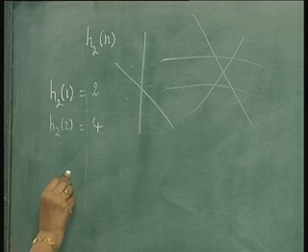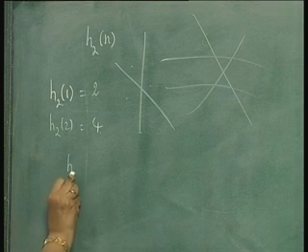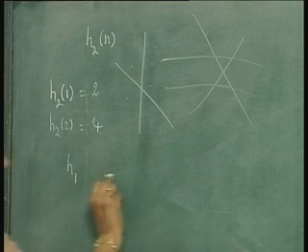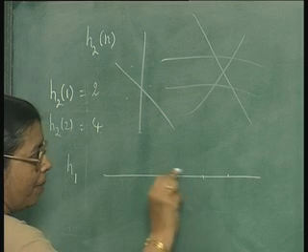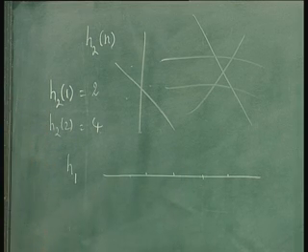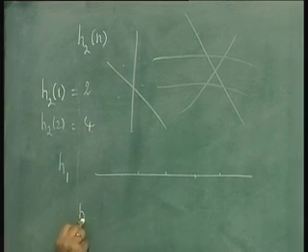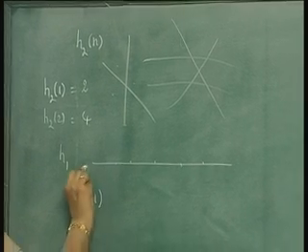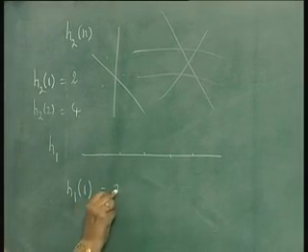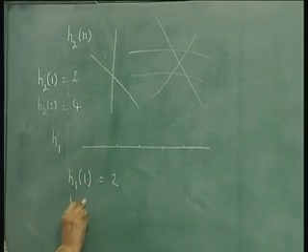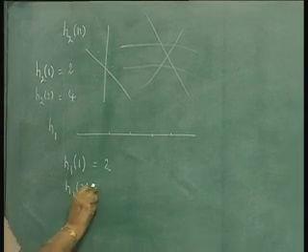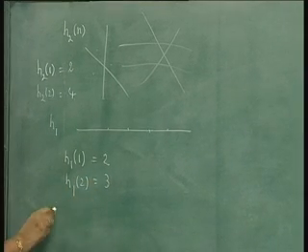Now, instead of considering H2, if we consider H1, the one dimensional case, a line is divided by points. So, if you have one point, H11, this line will be divided into 2 parts. If you have 2 points, the line will be divided into 3 parts.